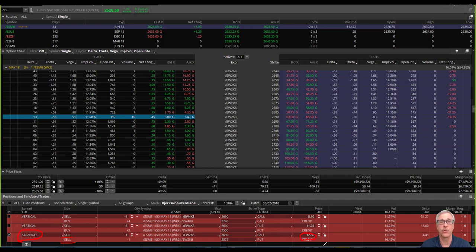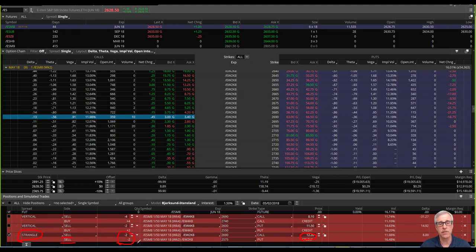Now, I'm going to collect $1,230 by entering this position. So now that's not 100% accurate. I would actually need to sell 2 of these in order to collect $1,230, which is what I did. So with that in mind, what I want to do is make sure that I'm doing this according to the math associated with how I actually entered the trade. And so you can see there's 2.